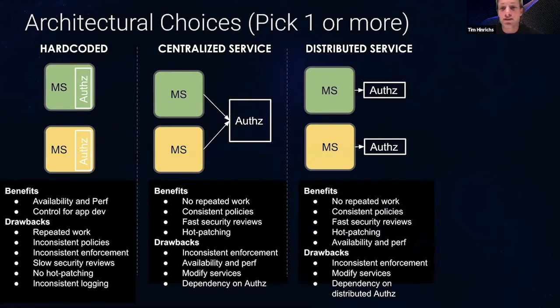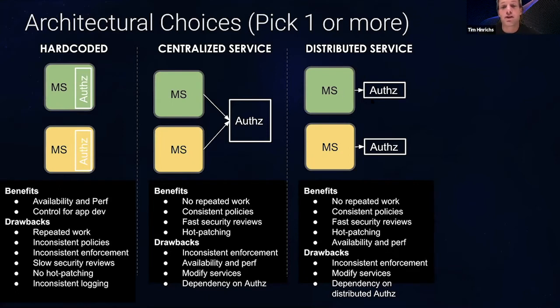The key difference here is that even though these authorization components are running on the same server as that microservice, so think sidecar model here, it is nevertheless still decoupled from the underlying service, just like in the centralized version. This has the nice benefit that because this authorization service is running on the same server as that microservice, the availability and performance is roughly the same as the hard-coded version over here on the left.